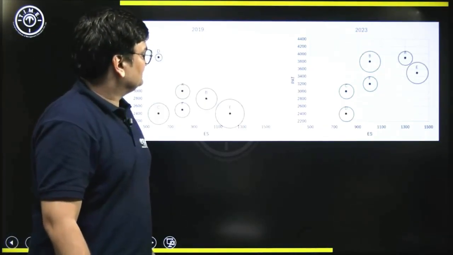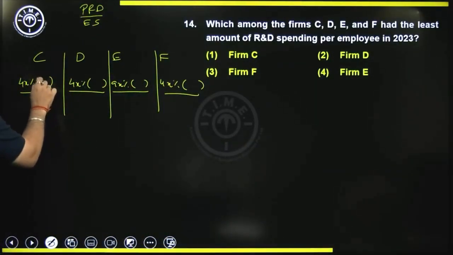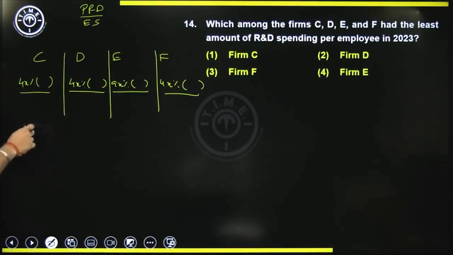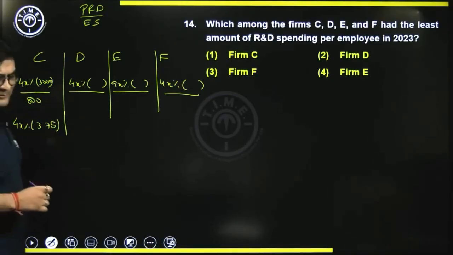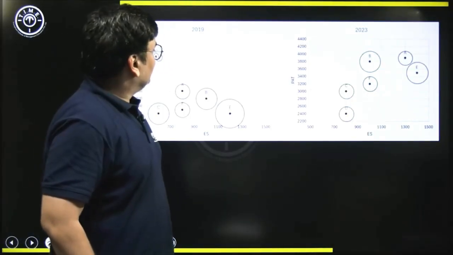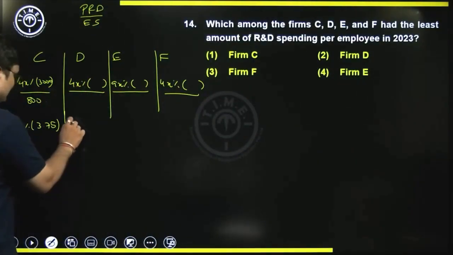It's 3000, employee strength is 800. And if you remember, we already calculated this value some time back. So 3000 by 800 was 3.75. So it is 4x percentage of 3.75 if I want to simplify it. What about D? For D it is 2400 by 800, it's 3, 4x percentage of 3.